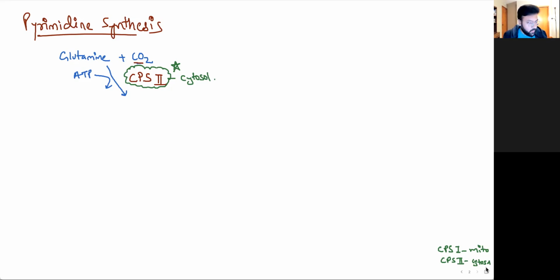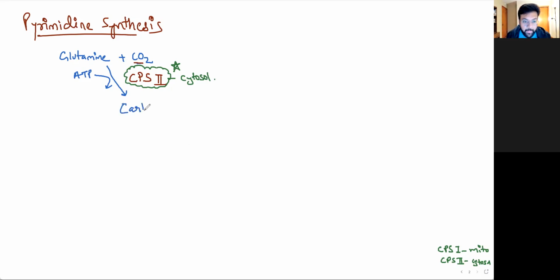Now, if this is carbamoyl phosphate synthetase 2, what is it going to make by combining glutamine and carbon dioxide? Carbamoyl phosphate. Thank God, biochemistry is a little easy.